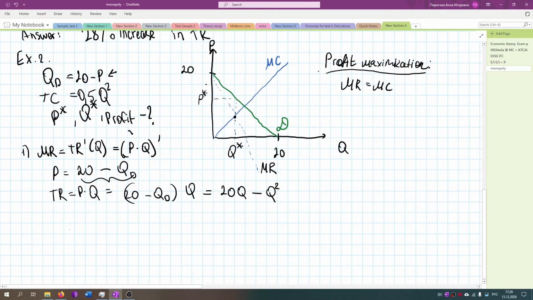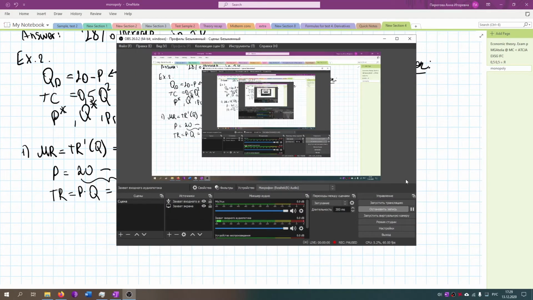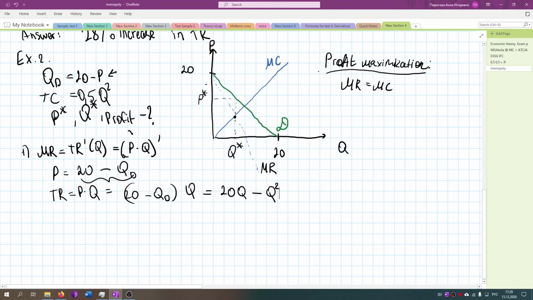Okay, now let's find marginal revenue. To find marginal revenue, we need to take the derivative of total revenue, and it will be 20 minus 2q.